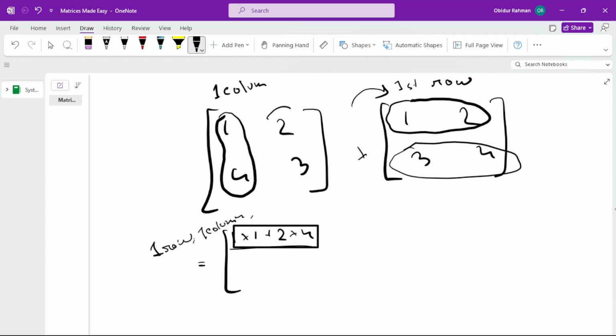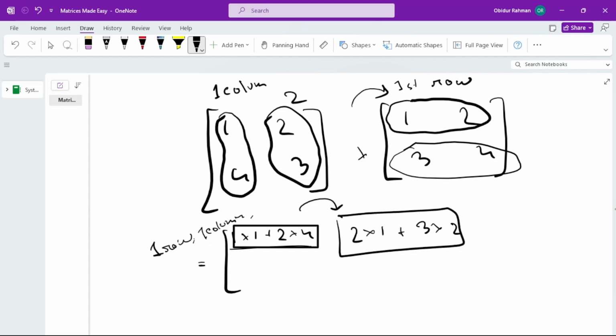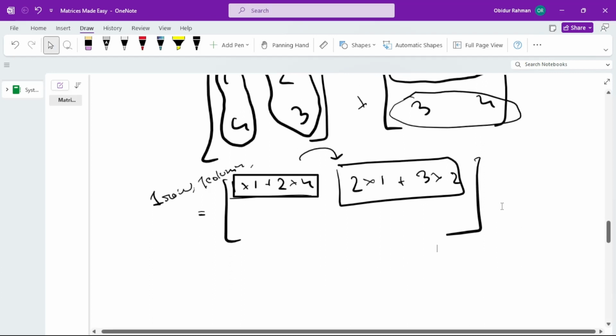Same. When you take the second column, you have to shift it to the second column. 2 times 1 plus 3 times 2. This is a matrix multiplication.